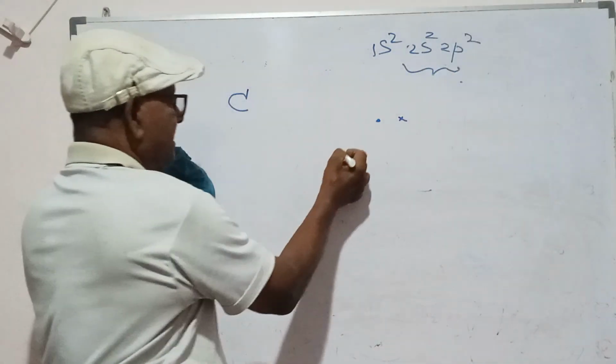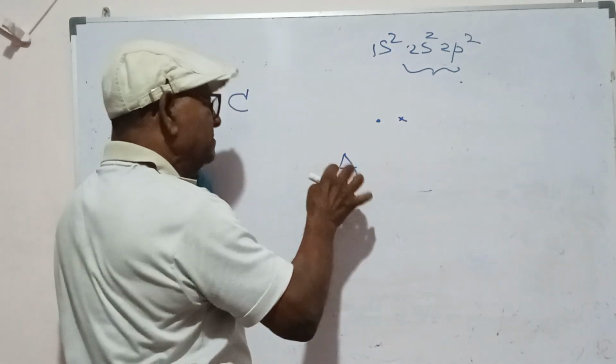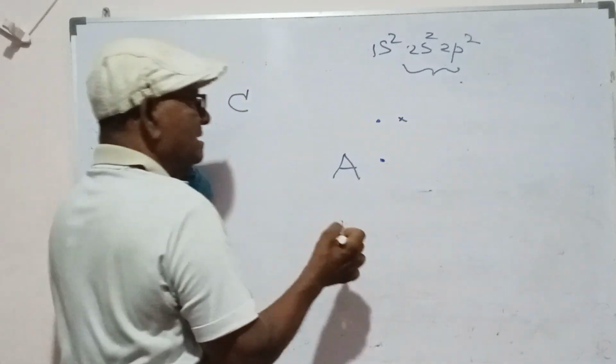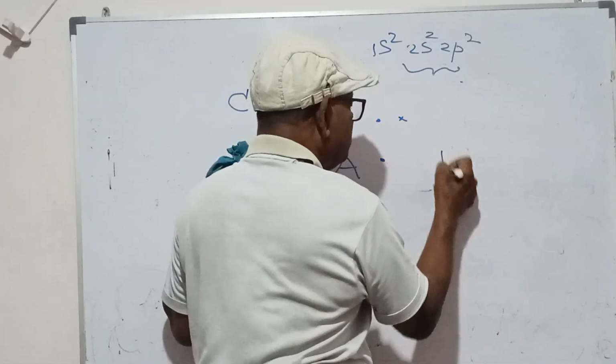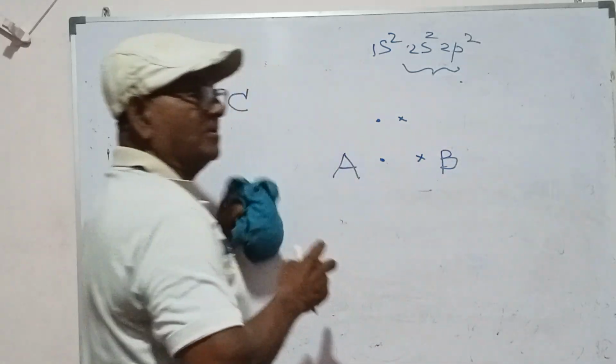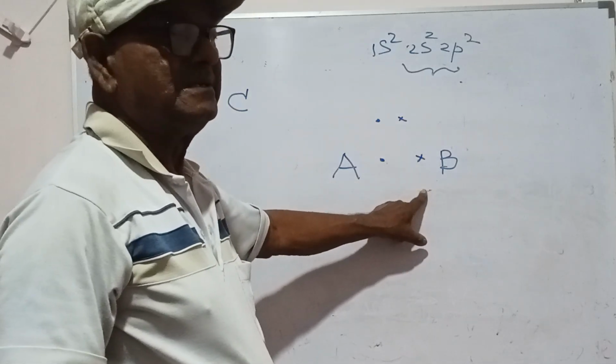If the electrons of element A are represented by dots, the electrons of element B should be represented by crosses, if they are going to form a compound.